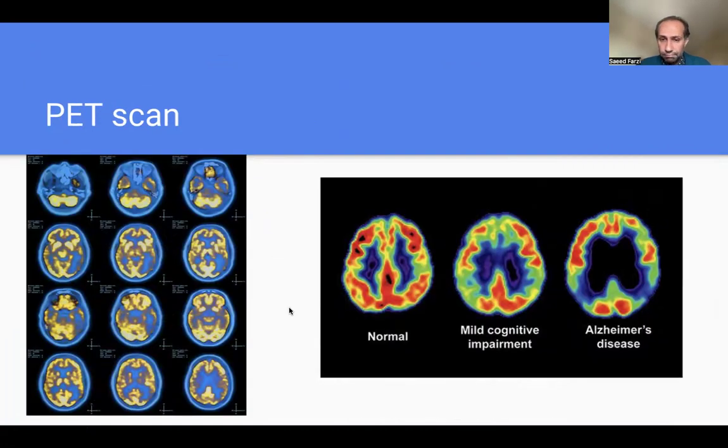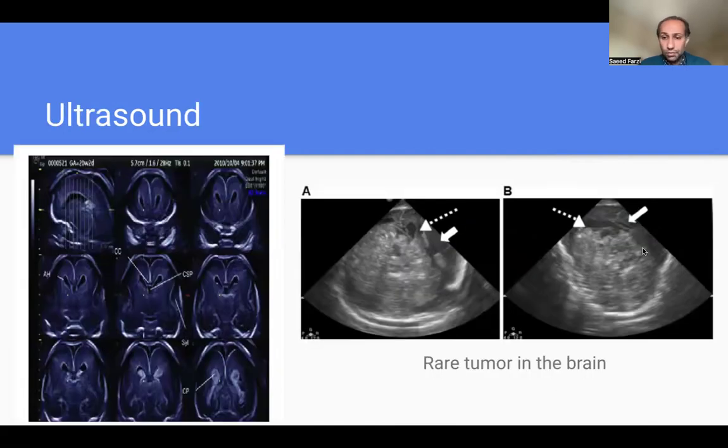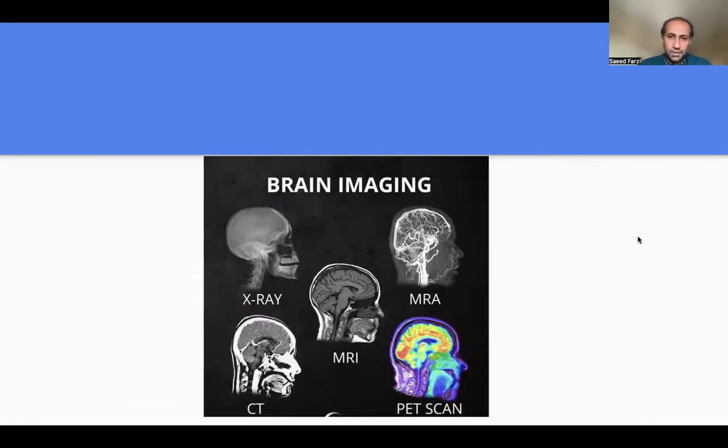PET scan, different information. For example, this PET scan is captured from the brain. The normal brain should be shown like this. Mild cognitive impairment or Alzheimer's disease, different technique. Ultrasound, you can see here.